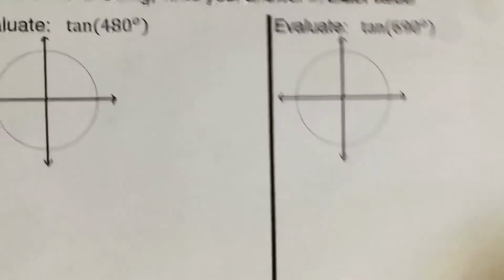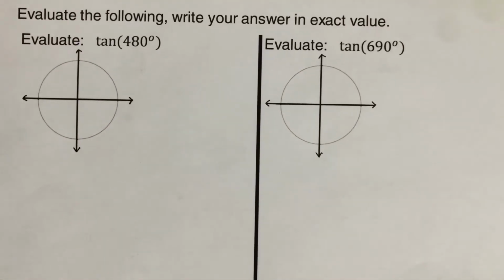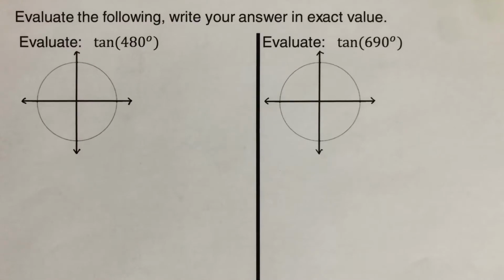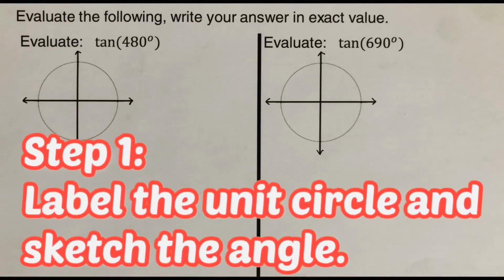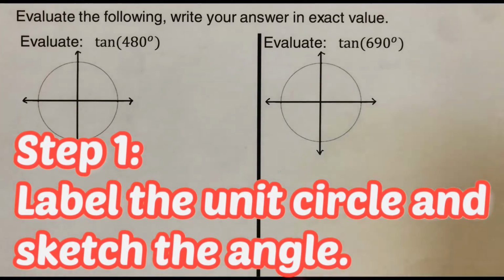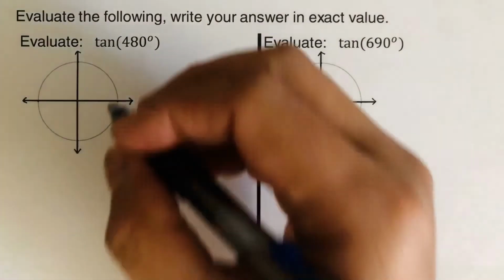So we're supposed to evaluate tangent 480. We still have pretty much the same steps here. The first step is to label the unit circle and sketch the angle. So in this problem, I'm just going to label all of the important details on this unit circle.